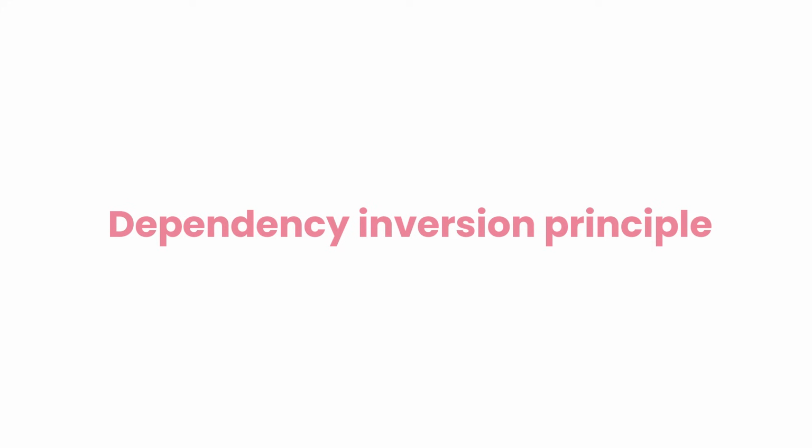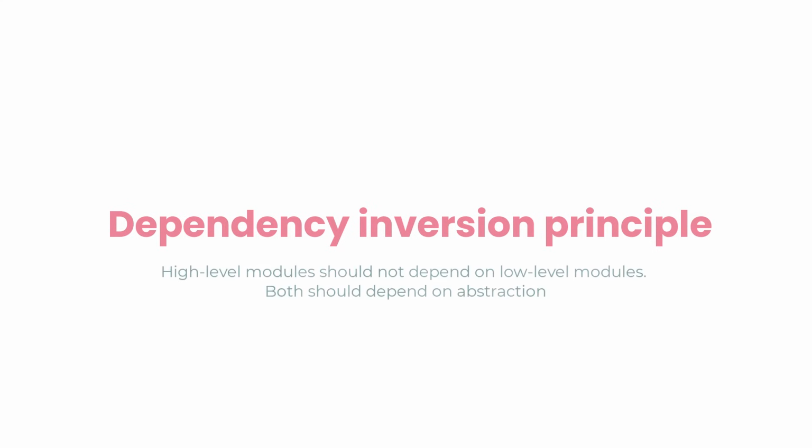All right, finally, the last but not least design principle is the dependency inversion principle. It says that we should depend upon abstractions, not concretions. How does it look in a real-life Angular application?